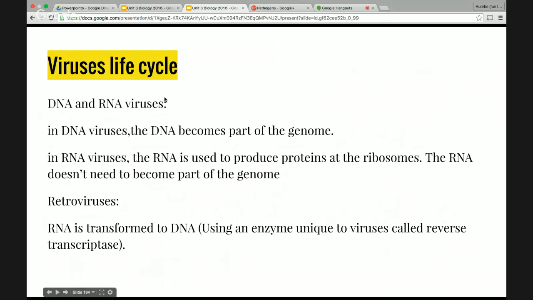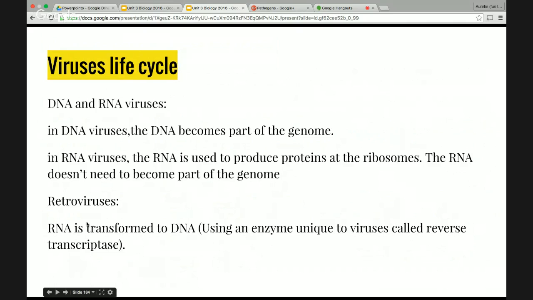DNA viruses basically become part of the genome of their host cell, because their host cells, which are human or animal cells, have DNA as well. If it's an RNA virus, it doesn't need to become part of a genome. The RNA can just go straight onto the ribosomes and start producing proteins.